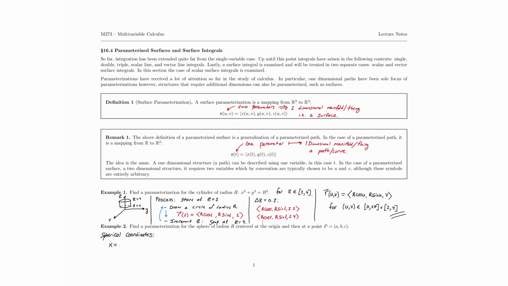X is rho cosine theta sine phi. Y is rho sine theta sine phi. Z is rho cosine phi. Okay?